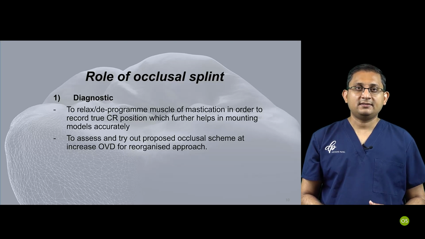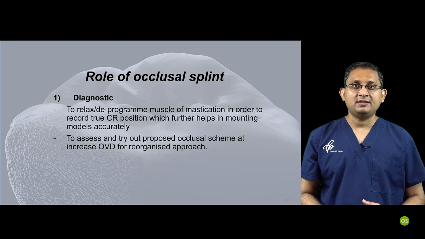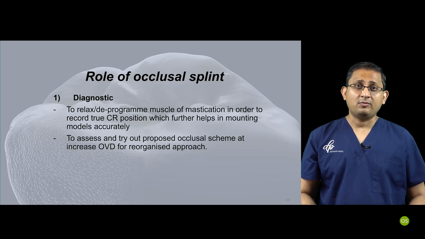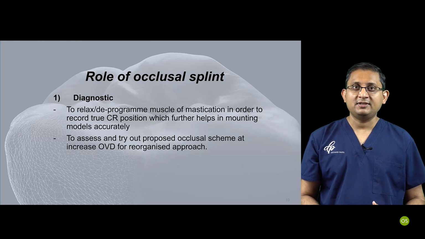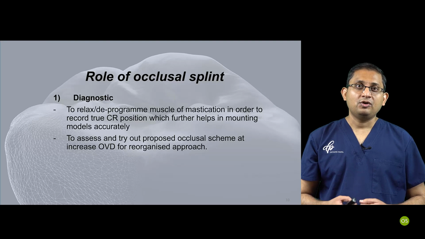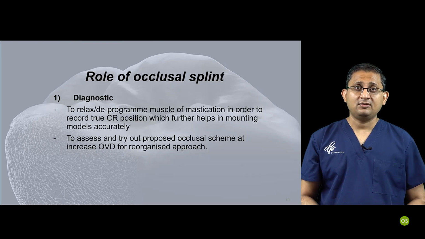And this is something I do quite routinely if I feel that the patient is a bruxer and has parafunctional activity, and on the first or second visit I'm doing full assessment, I'm struggling to manipulate the jaw. I would make the Michigan splint for the patient and let them use that for a couple of months, make sure everything's relaxed before I go ahead with my further assessment and treatment for full mouth reconstruction.